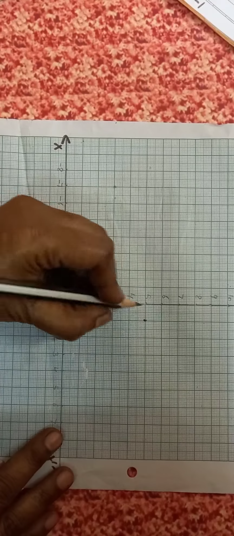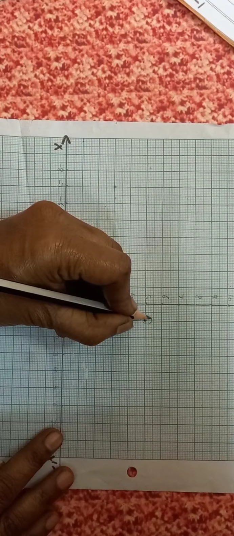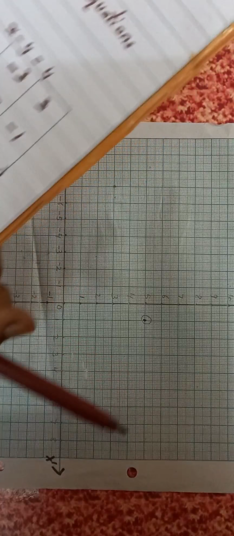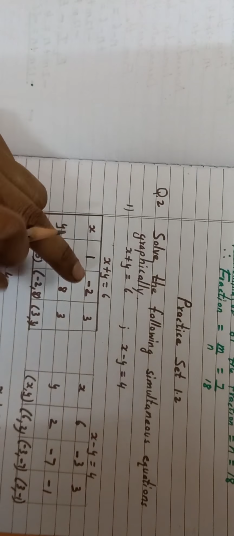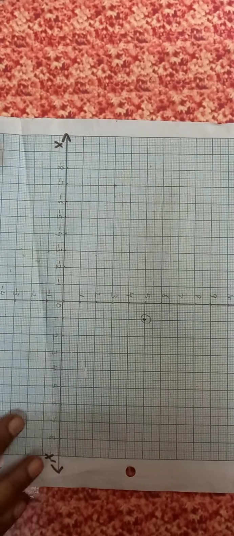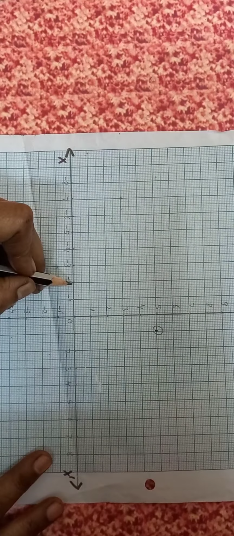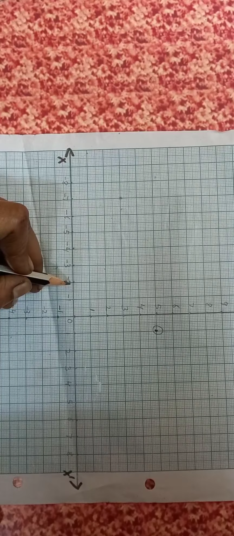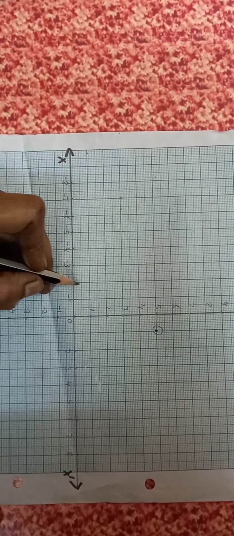Then next is minus 2 comma 8. Here, minus 2 comma 8. So where is minus 2 now? Here. See, this is minus 2, x coordinate, and y coordinate is 8. So where is 8? Here.